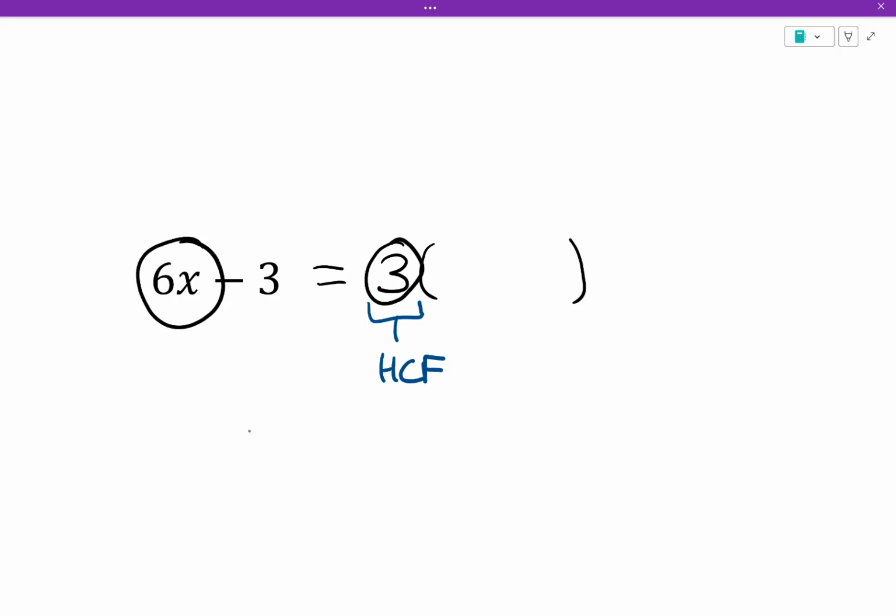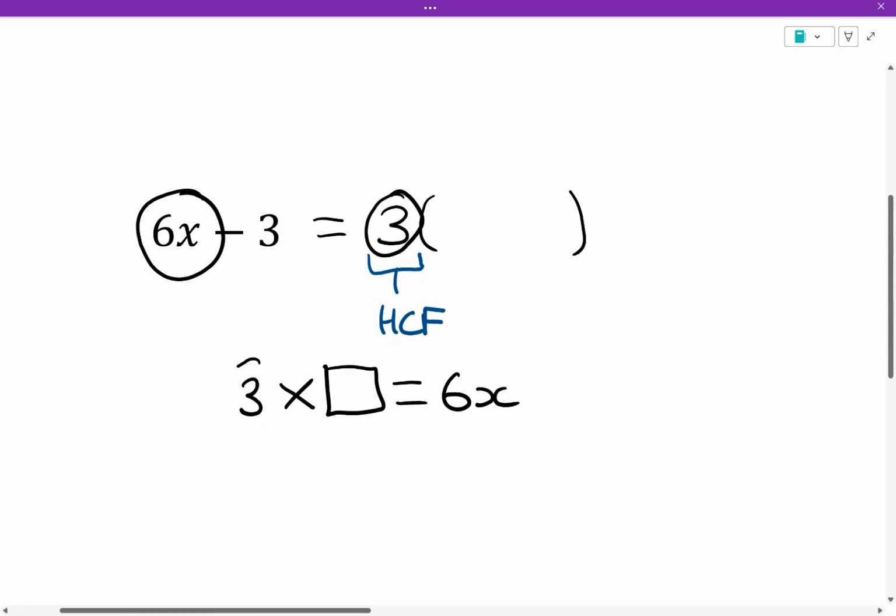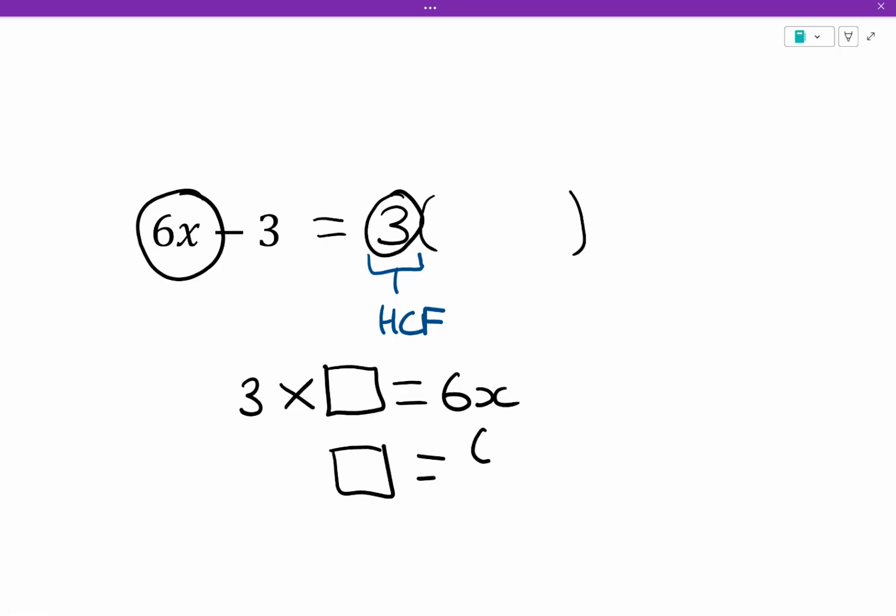I'm going to write that down here: 3 multiplied by something is equal to 6x. In order to figure out what this something is, I need to divide by 3 to get it on its own. So that something is equal to 6x divided by 3, and therefore you would get 2x once that's fully simplified.